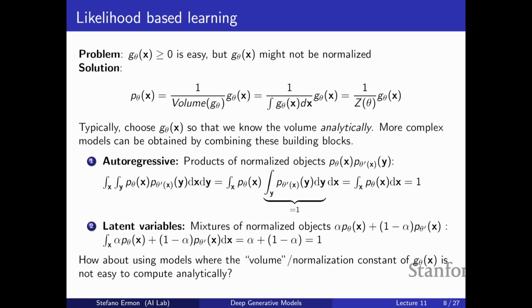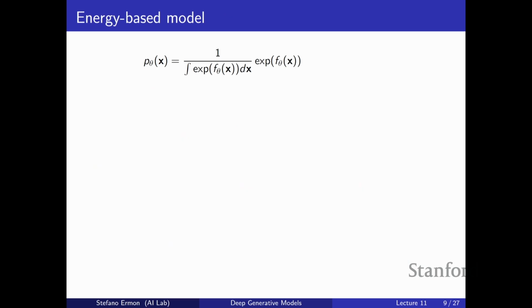Instead, we're going to be working with settings where this normalization constant, the partition function z theta, is something that we'll have to deal with. Either we're not going to be able to compute it or we're going to approximate it, but it's not going to be known to take value 1 for any choice of theta. It's going to change as a function of theta in some complicated way, and we're just going to have to deal with it.